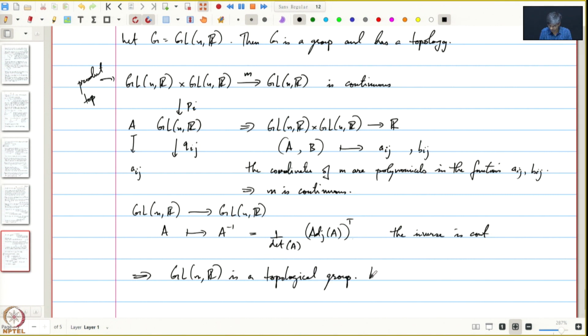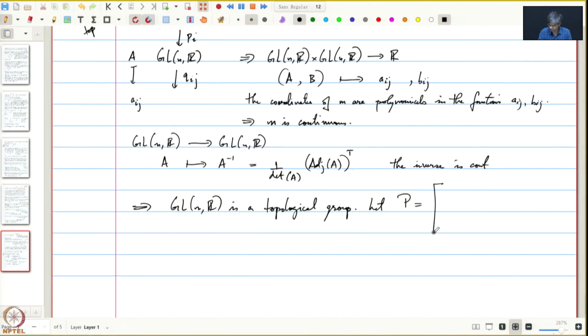Now let P be this parabolic subgroup. Here we have an r cross r matrix, here we have 0, and these can be anything. So we are looking at P contained in G equal to GL_n(R), the subgroup of all elements in G which look like this.